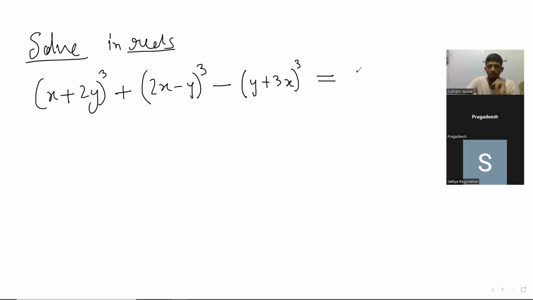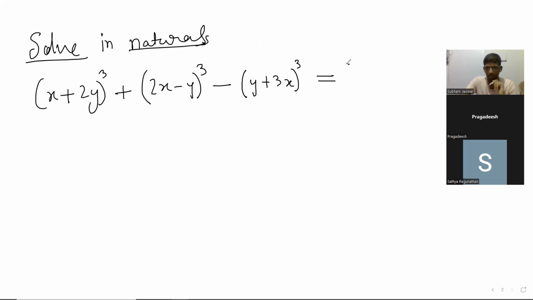Yeah, let's try this. No, so I'm sorry, I'll just change the question, 1 second. Apologies. Solve in naturals. So x and y are natural numbers. Otherwise, it becomes the same question as the first question.